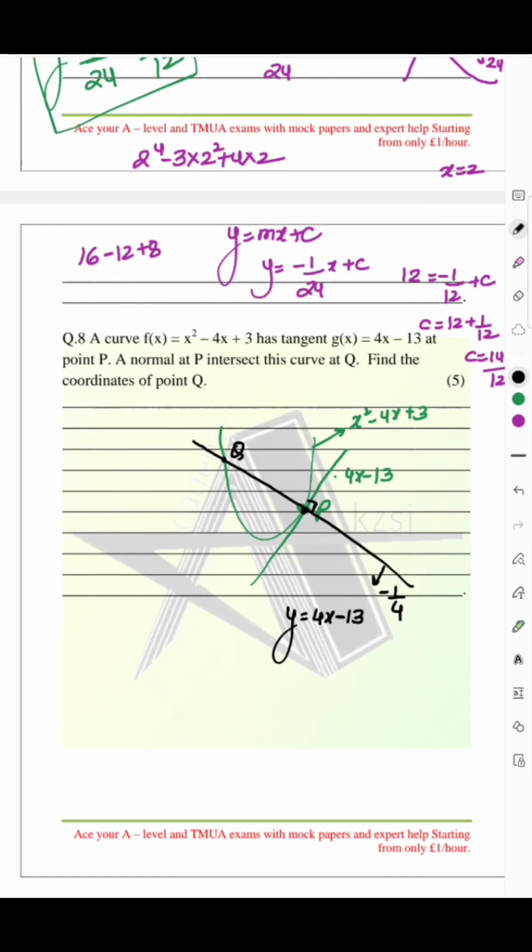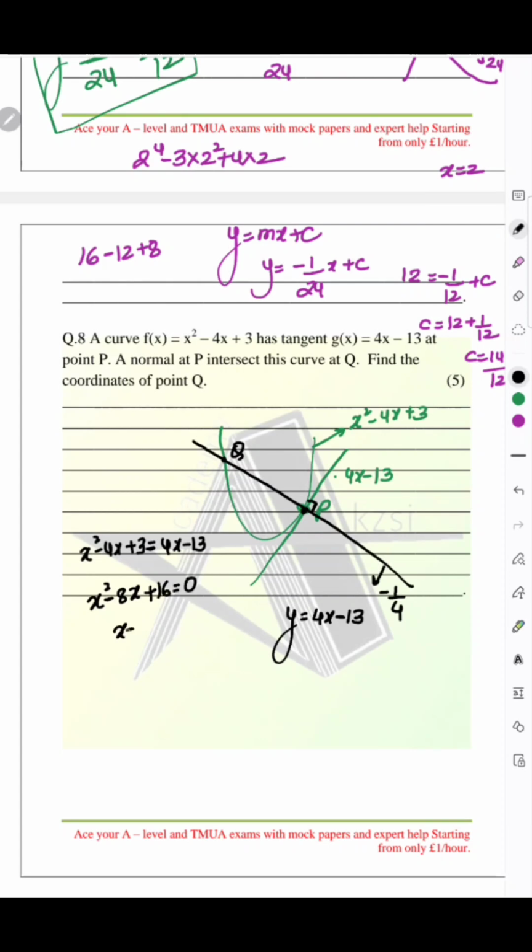So the intersecting points are, let's say, x squared minus 4x plus 3 is equal to 4x minus 13, because this is a simultaneous equation, and in that case we just have to equate them. So that will give me x squared minus 8x plus 16 is equal to 0.